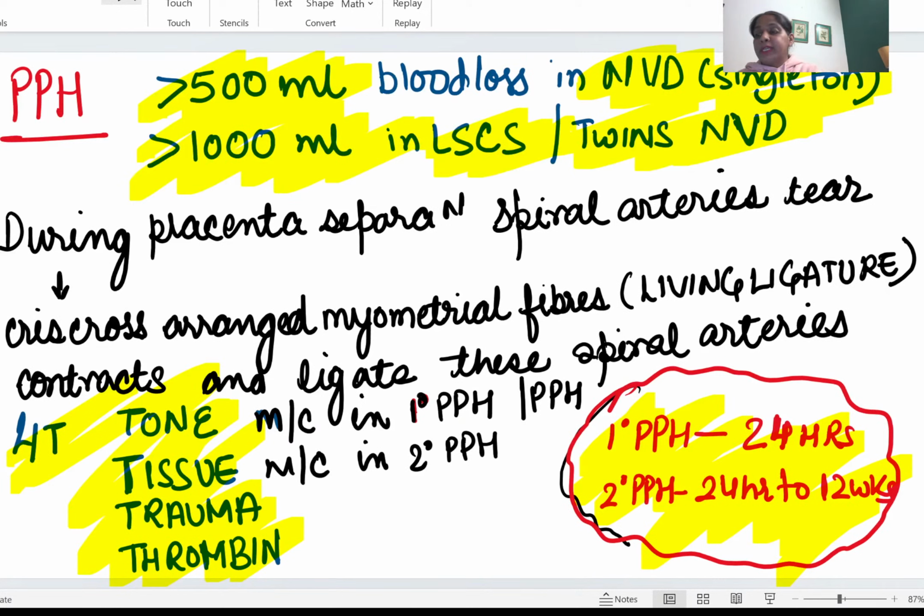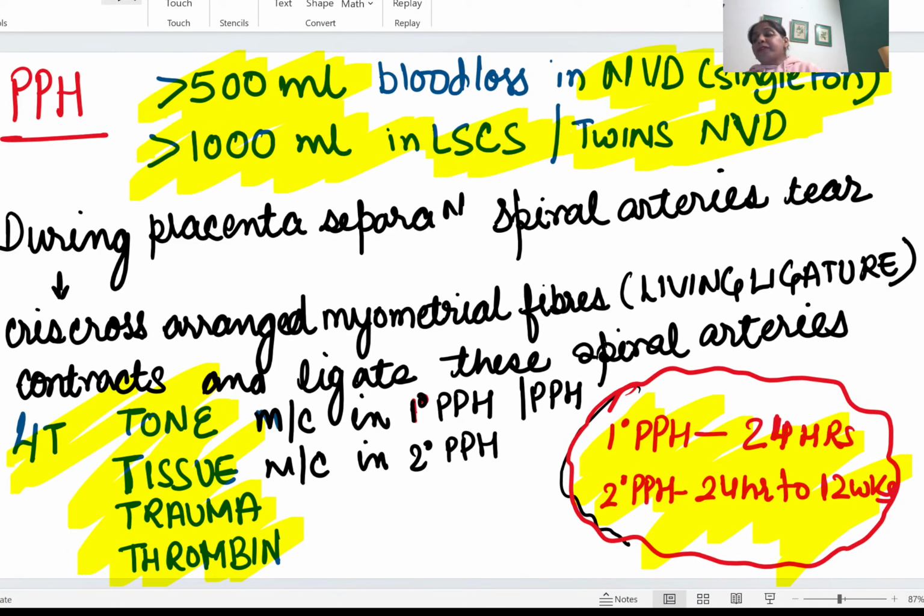up till 12 weeks. Okay, now let me tell you, there is a phenomenon that once the uterus has contracted, again it gets relaxed, again it gets relaxed. That is why, and this occurs only up till first 24 hours, then this does not occur. So the reason of the primary PPH is atonicity.